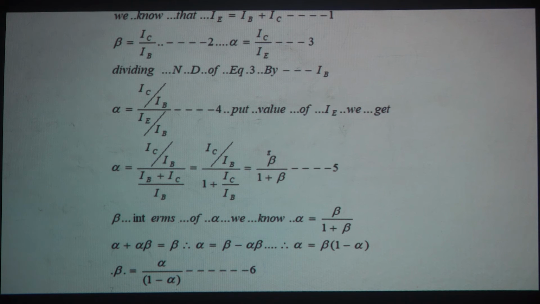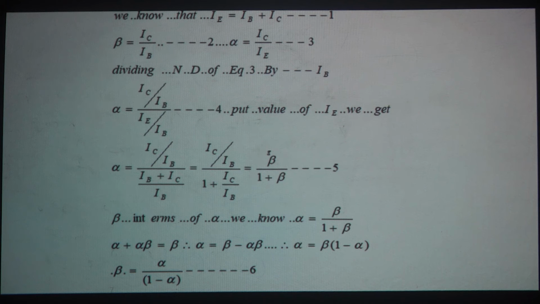So cross multiplication, alpha plus alpha beta is equal to beta, and I am interested in beta. Beta on one side, everything else on the other side: alpha is equal to beta minus alpha beta, and therefore alpha is equal to beta, common, and remaining inside the bracket 1 minus alpha.